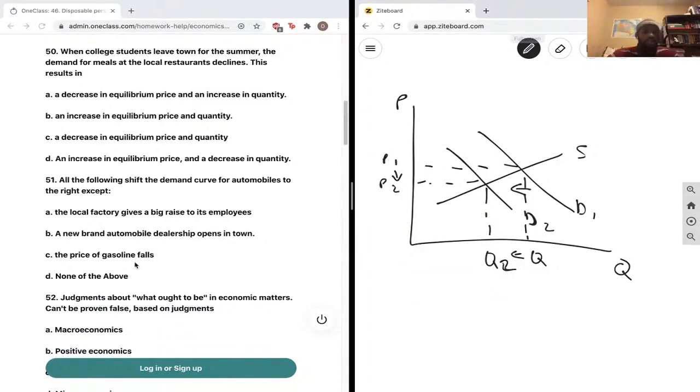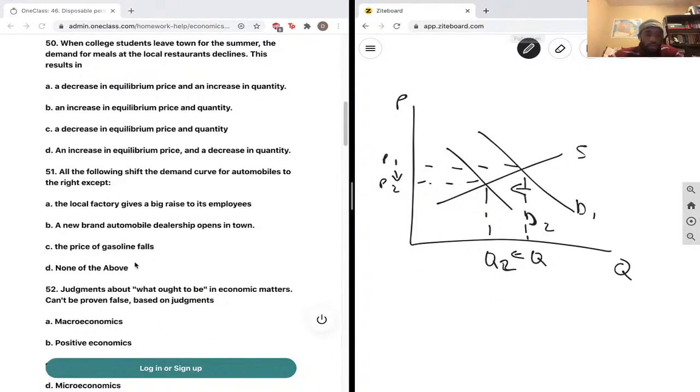Again, let's read this. All the following shift the demand curve for automobiles to the right except for C, the price of gasoline falls. A new brand of automobile dealership opens in town. That shifts it to the right.